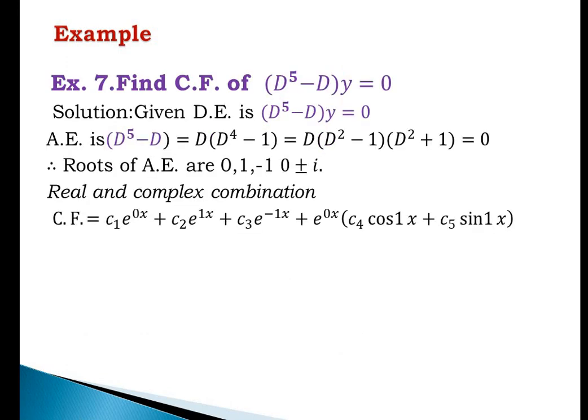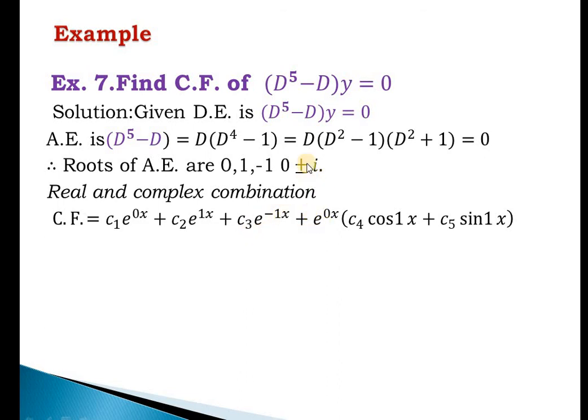So here is again a combination. The roots are 0, 1, minus 1, plus i, minus i. The first three roots are real, the last two are complex. Real roots give exponential factors: C1 e raised to 0x plus C2 e raised to 1x plus C3 e raised to minus x.